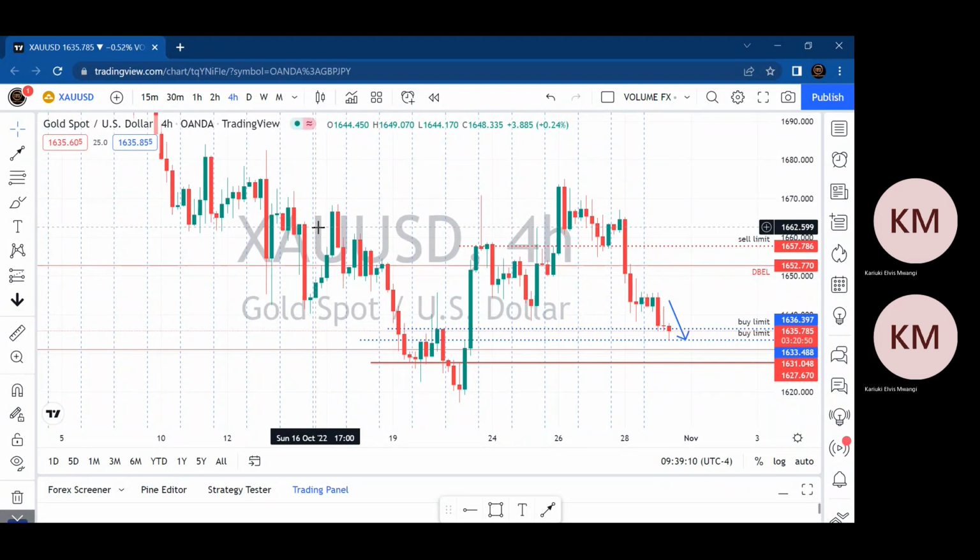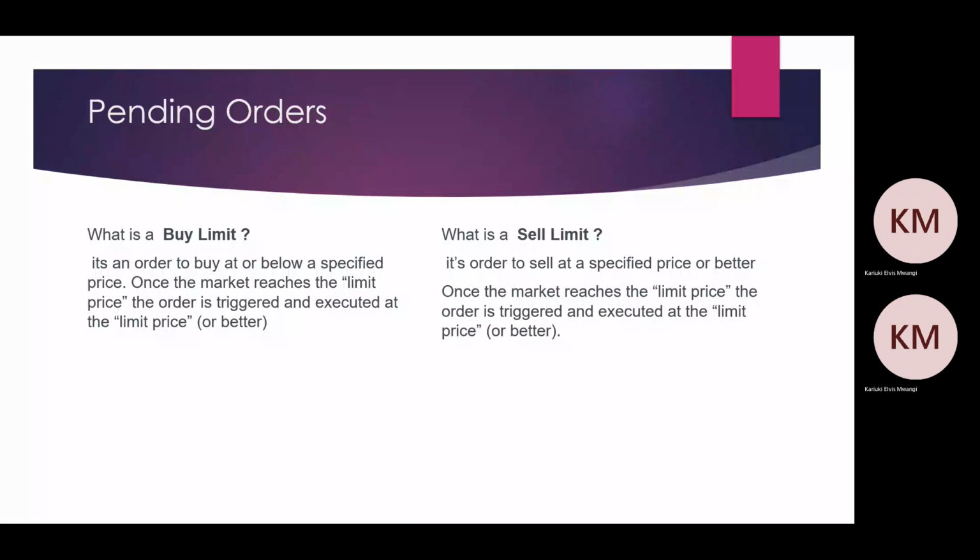What is a pending sell limit? Let me share my screen. Can you see my screen?